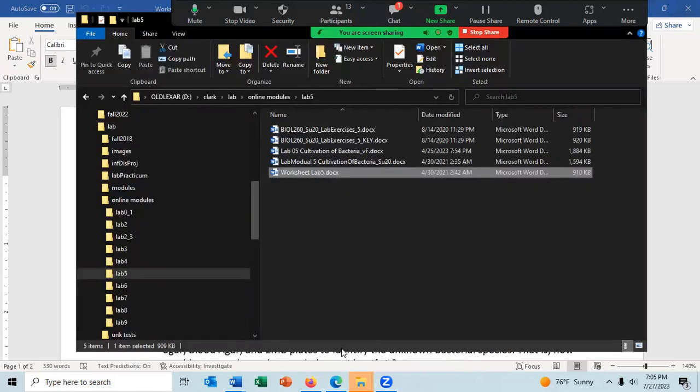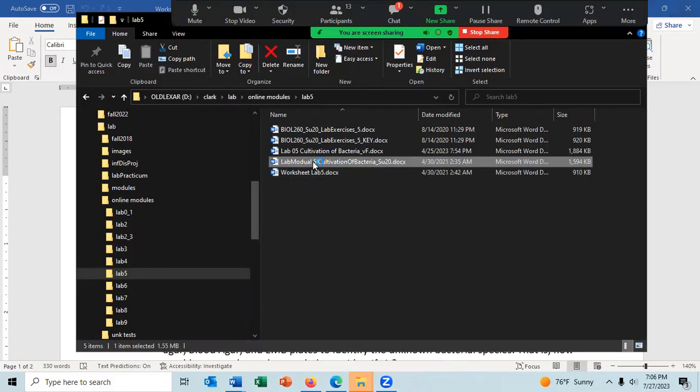Do not turn in the lab module. If you turn in the lab modules after I've warned you one time, I will apply a penalty. Because if everyone turns in the lab module, my Canvas website would soon become full, and then you guys would not be able to turn in your assignments.